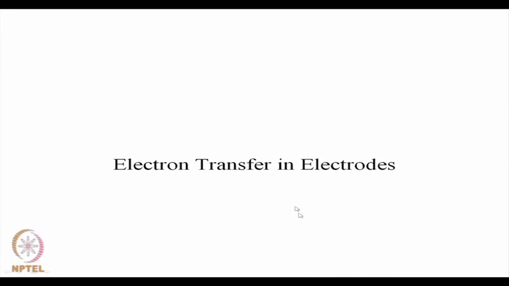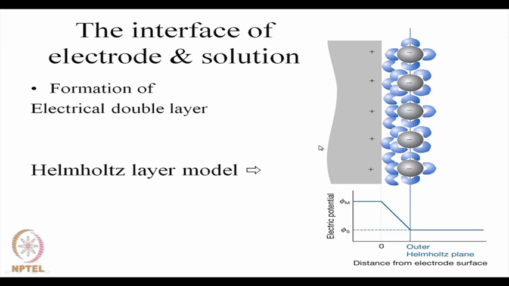So it is a medium by which you can inject electrons into the solution, or you may get them out. It is basically the electron transfer, the transfer of electron that is occurring at the electrodes.